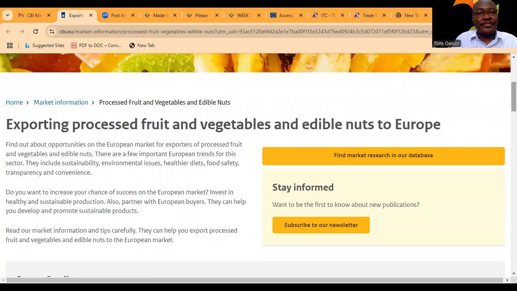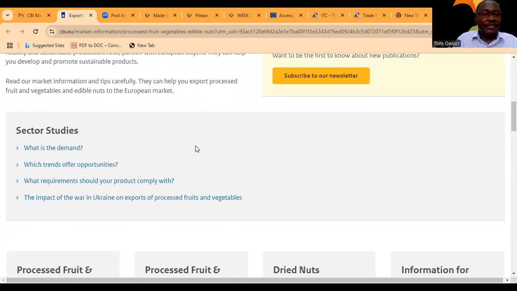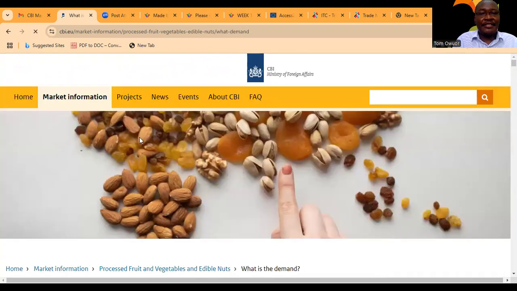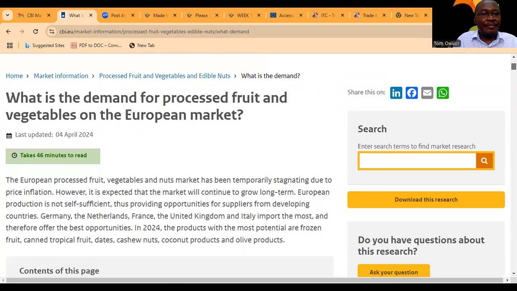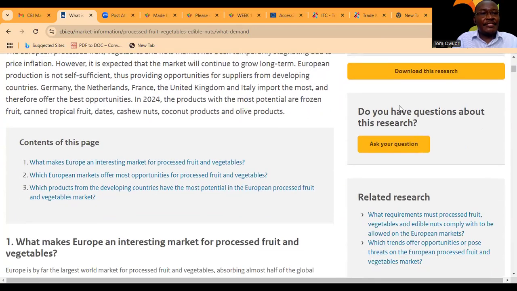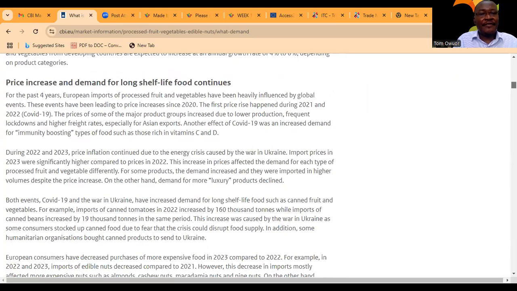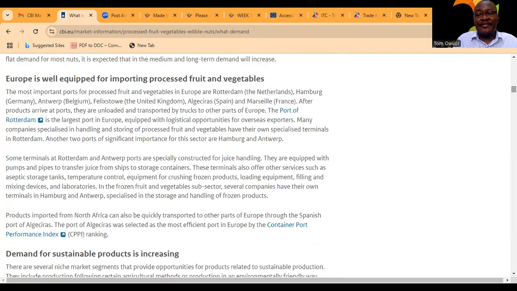So this is exporting processed fruit and vegetables and edible nuts to Europe. If you want to know about the demand, click on this section and you will be able to get the demand in terms of literature. And what makes Europe an interesting market for processed fruits and vegetables, all this information will come at your fingertips. I'm just sharing this as an example.